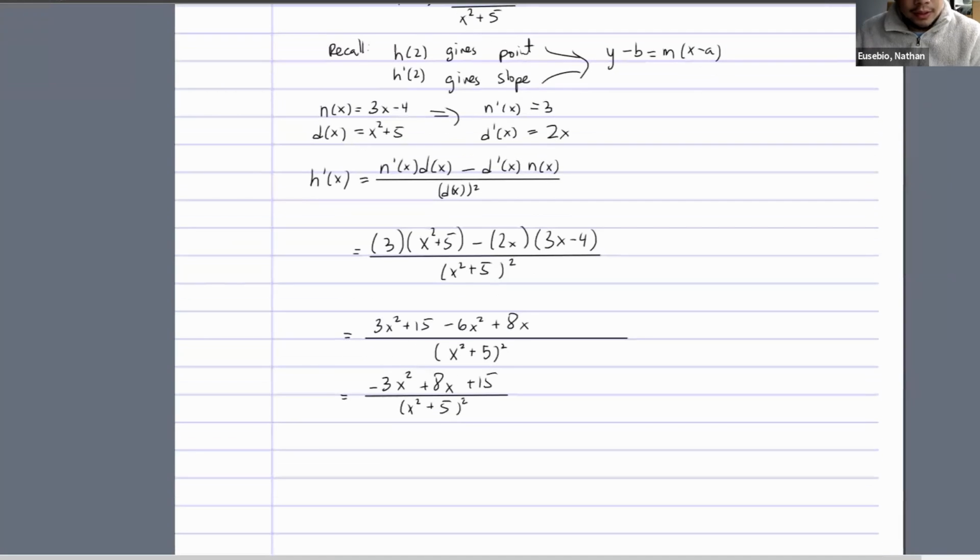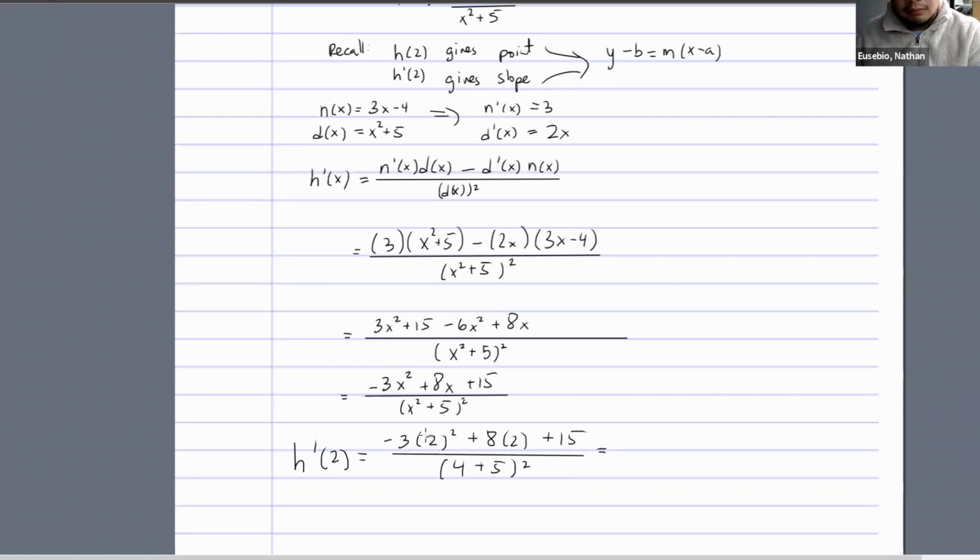Zoom out so you see the whole thing. So if I plug in h prime of 2, which again gives me my slope, I should get negative 3 times 2 squared, plus 8 times 2, plus 15, all over 2 squared plus 5 squared, so that should be 4 plus 5 on the inside, squared.